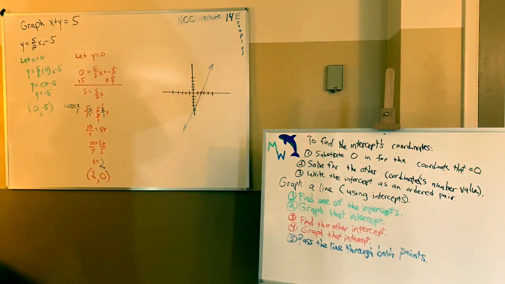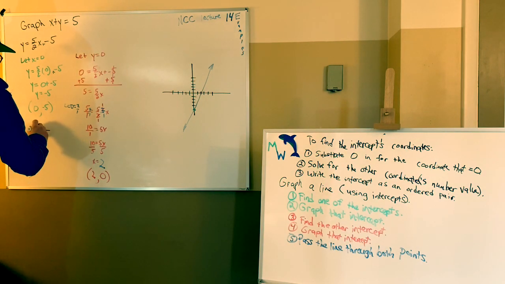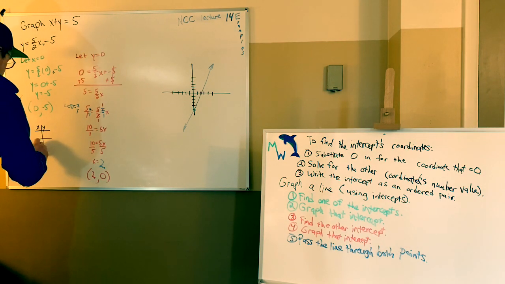Because what I'm trying to say is, if we do this with intercepts, there's a lot of work to be done. Some stuff we're not so good at, some stuff that takes more time, some stuff that gives us a headache. All that kind of stuff can be avoided if you know that this has y equals something times x plus -5. How about we set up a t-chart with x's and y's.